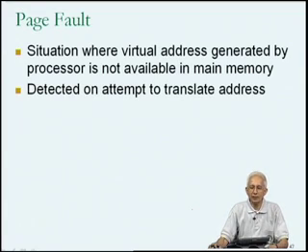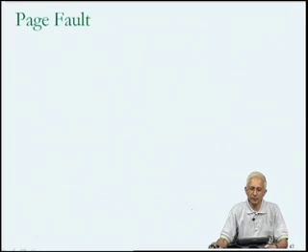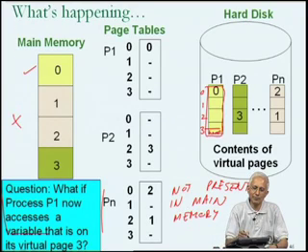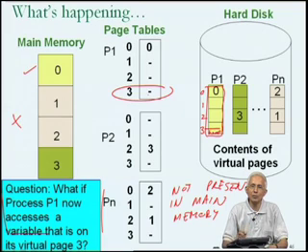Right? Now the page fault would have been detected when an attempt was made to translate the address, and as you will notice from the previous slide, in this particular example, when process P1's address of something on page 3, when an attempt was made to translate the address, it would have been noticed that there is no mapping, which is a clear indication that there is a page fault.